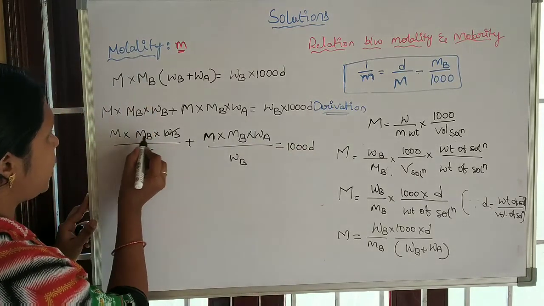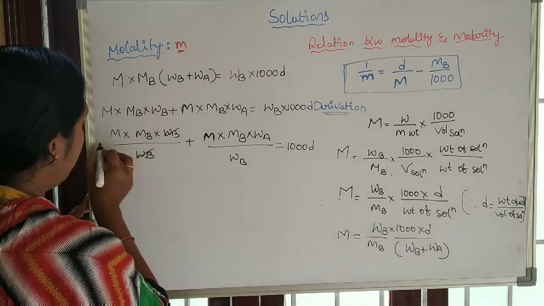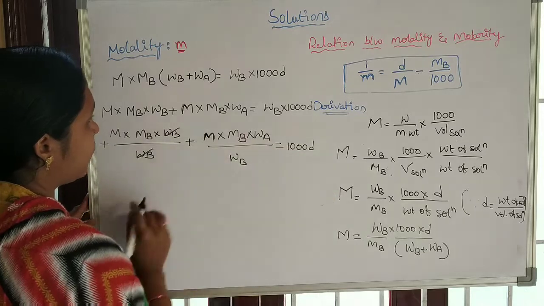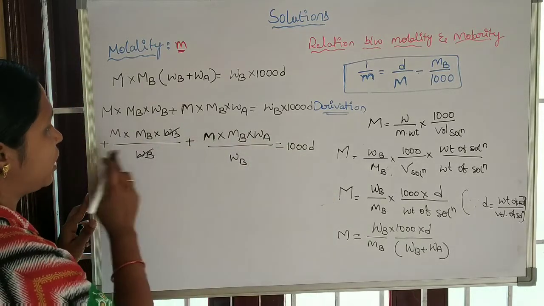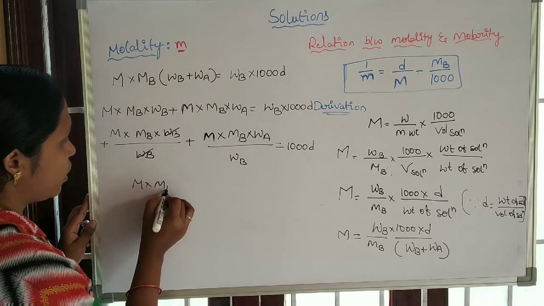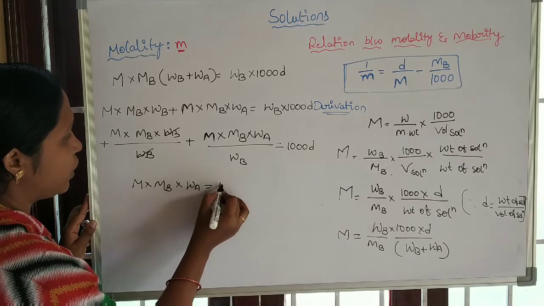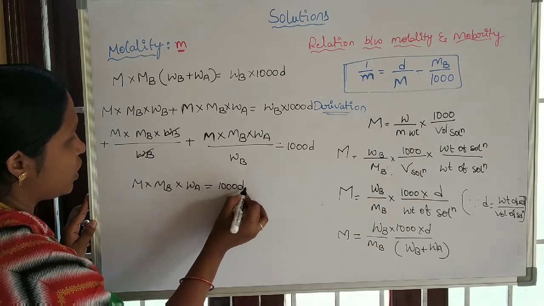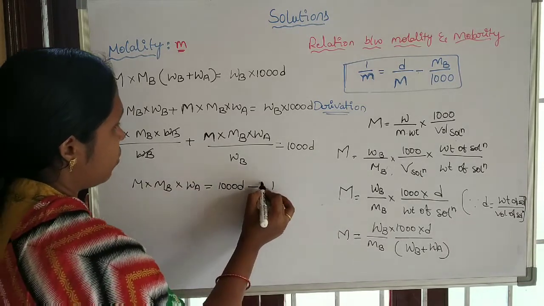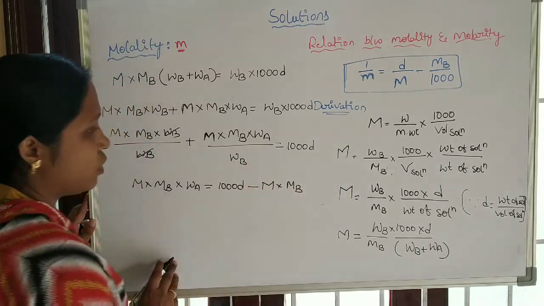So here M into MB comes to this side, and the plus coming to the other side will turn into minus. So molarity into molecular weight of solute into weight of solvent equal to 1000 into density minus molarity into molecular weight of solute.